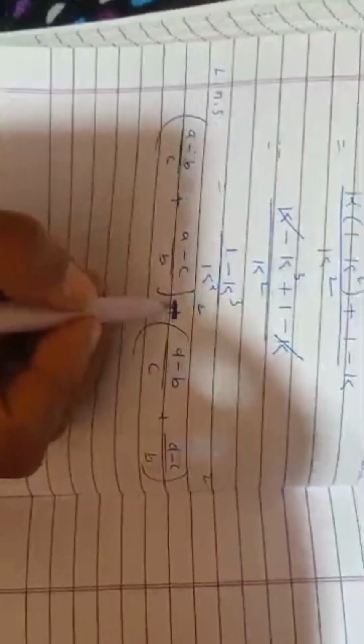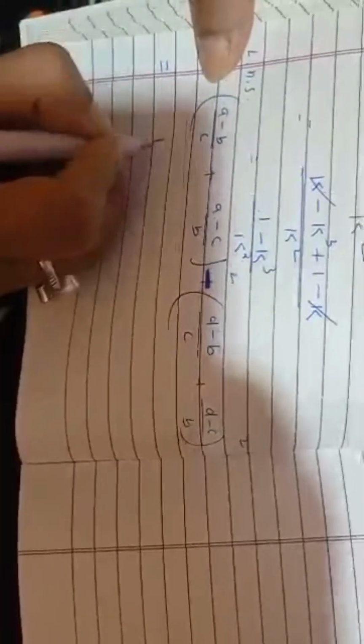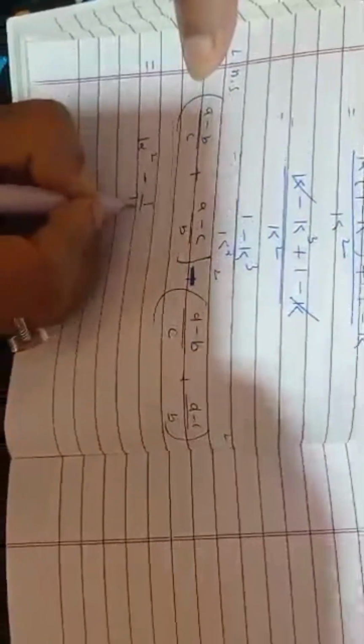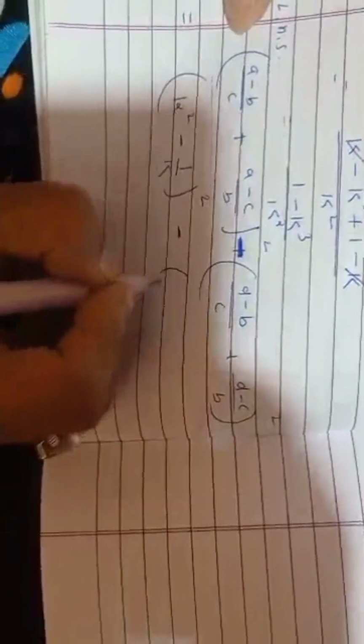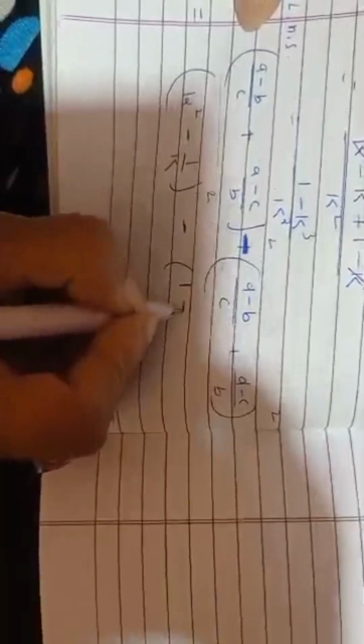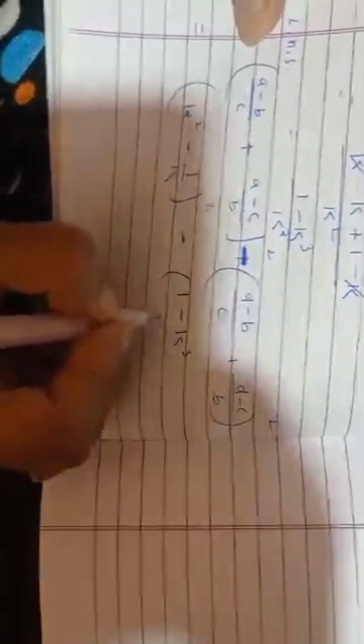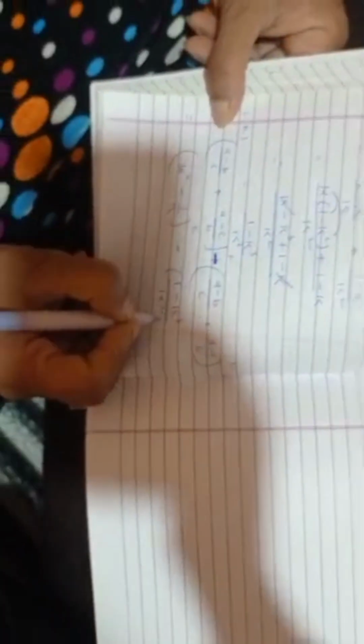Actually there was a minus sign and the question was this, right? Now I have found this value. The value is (k square minus 1 upon k) whole square, and the value of this expression was (1 minus k cube upon k square) whole square, right?